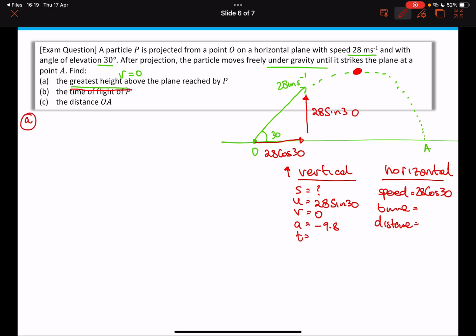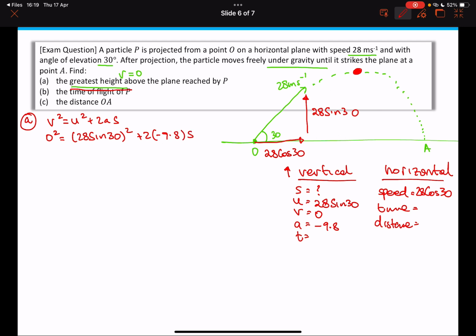So in order to do part A, I need to find an equation using all the information from the vertical component that does not involve time. And that would simply be v squared is equal to u squared plus 2as. If you substitute everything in, that would be 0 squared is equal to u squared, which is (28 sin 30) all squared, plus 2 times a, which is minus 9.8, times s, which I'm trying to calculate.